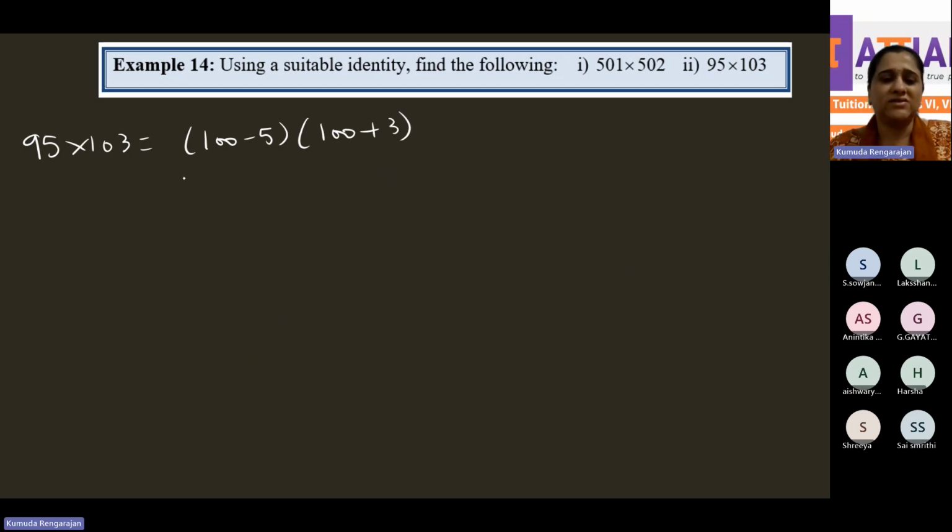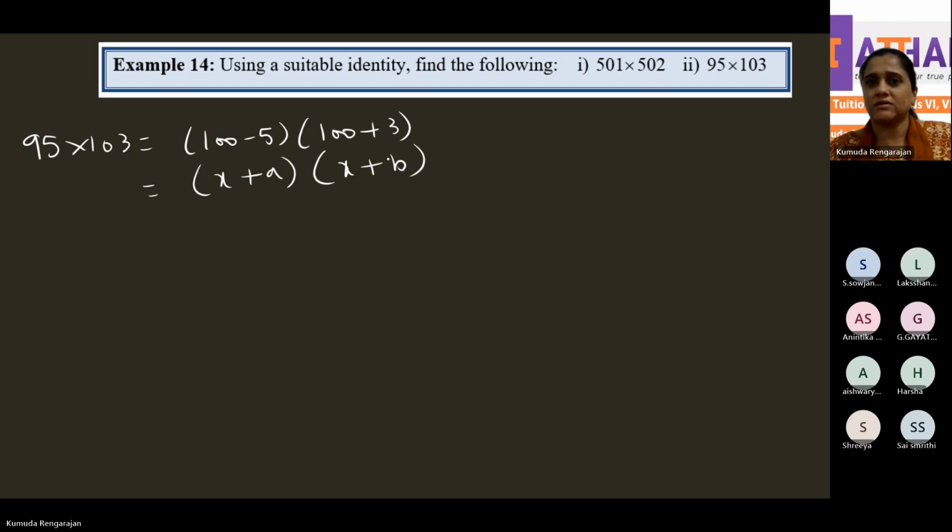This step you don't have to show actually, you can just do it in your mind. Now this is in the form x plus a into x plus b, where x is 100, plus b is plus 3, so b is 3.